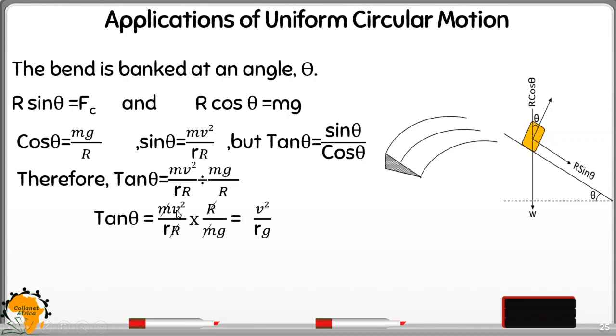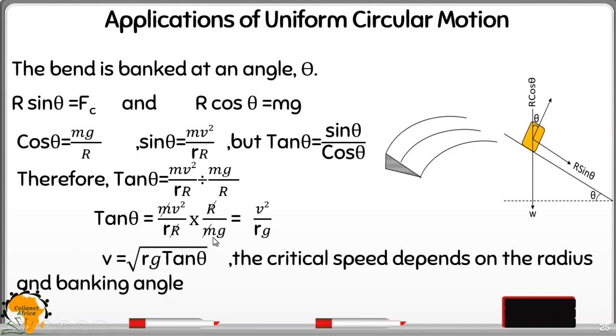So you are left with v squared over rg, which is equal to tan theta. So you can get the value of v, and v will be the square root of rg tan theta.